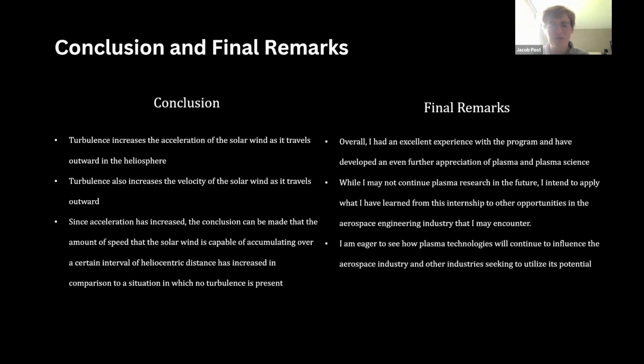And while I may not continue plasma research in the future, I do intend to apply what I have learned here to my career as an aerospace engineer, because part of what I believe is that plasma and plasma technology is the way of the future, and that utilizing it in the aerospace engineering industry will be pivotal to making significant progress towards our goals. And so that ties into my last bullet point there. I'm eager to see how plasma technologies affect the aerospace engineering industry and other industries that are interested in that technology in the future.